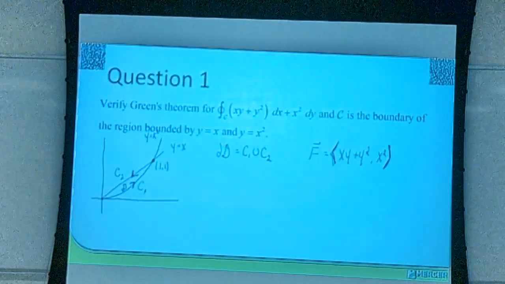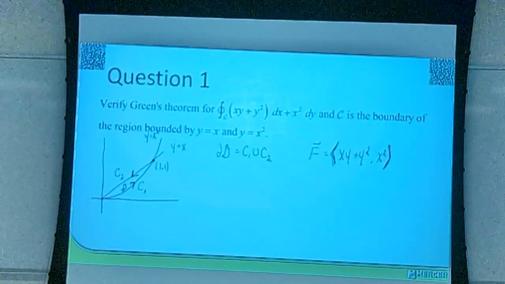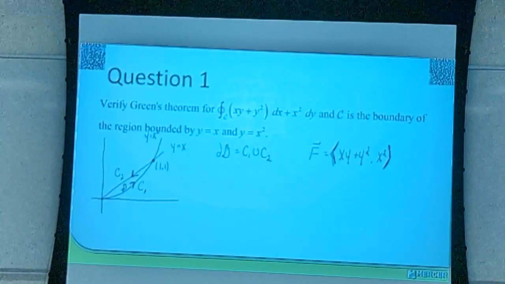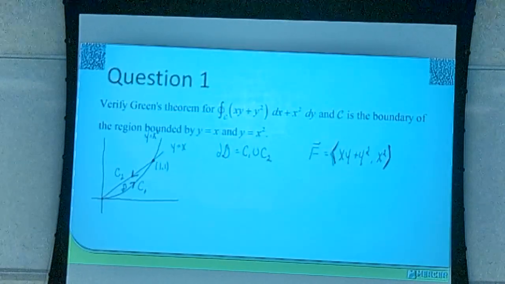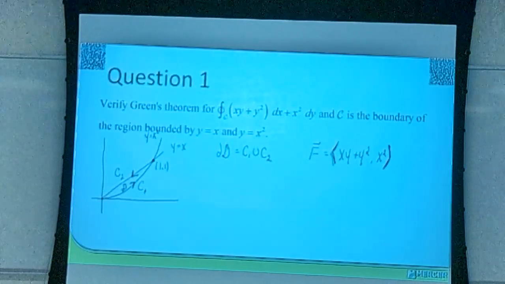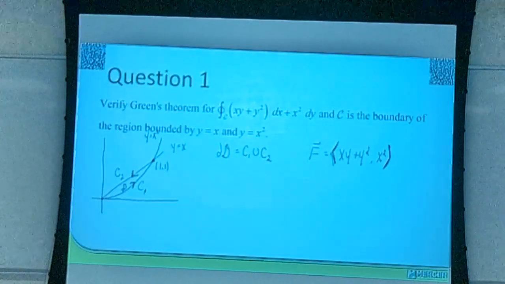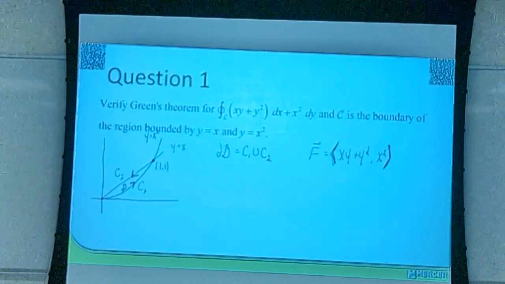Now we're going to evaluate the double integral. Three things we need. First, let's describe the region. Oh, that's easy. x goes 0 to 1, y goes x squared to x, right?